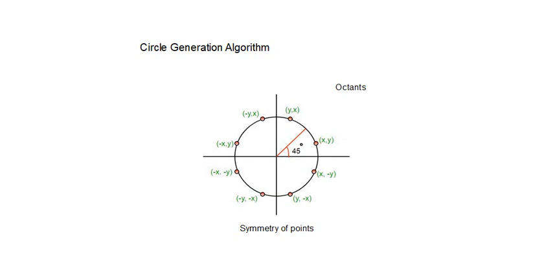To achieve that, rather than finding all the points on the circle, we can find the points in one of the octants. The algorithms that we are going to discuss will actually find the points in this octant. After finding the points in one octant, you can find all the points in the other 7 octants.